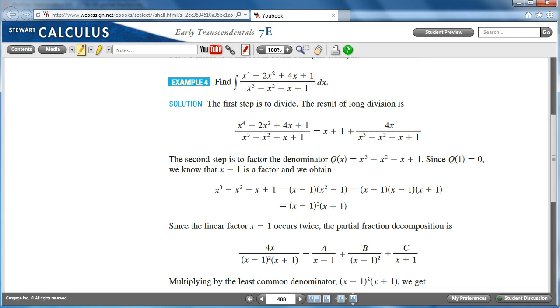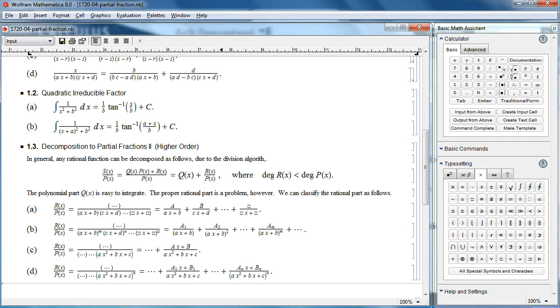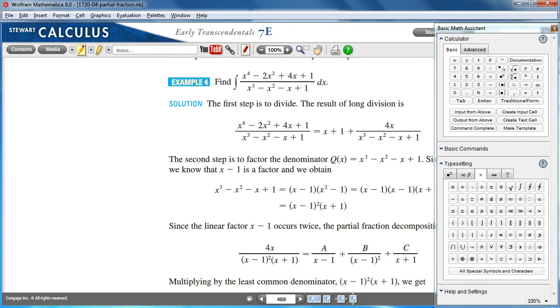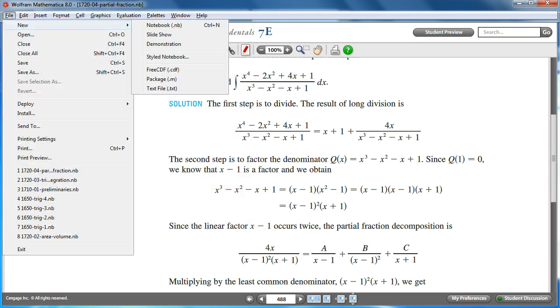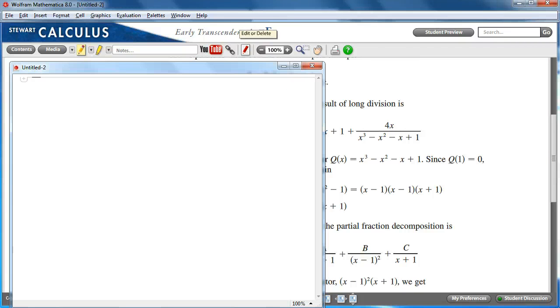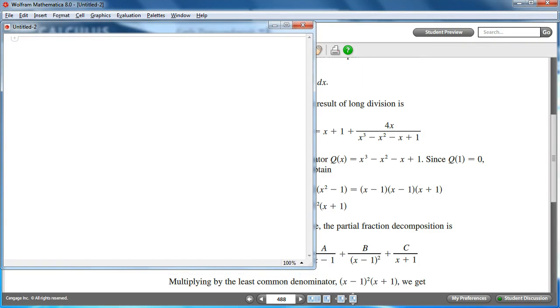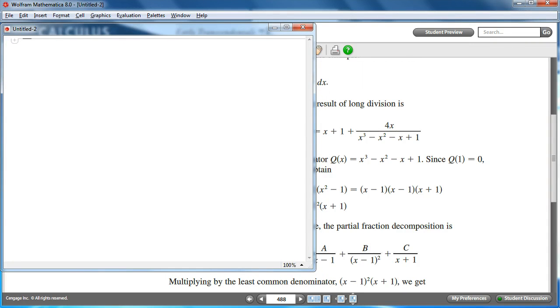Personally, that's not the way I would have approached this kind of problem. I would have much preferred to use factor by grouping in this case.